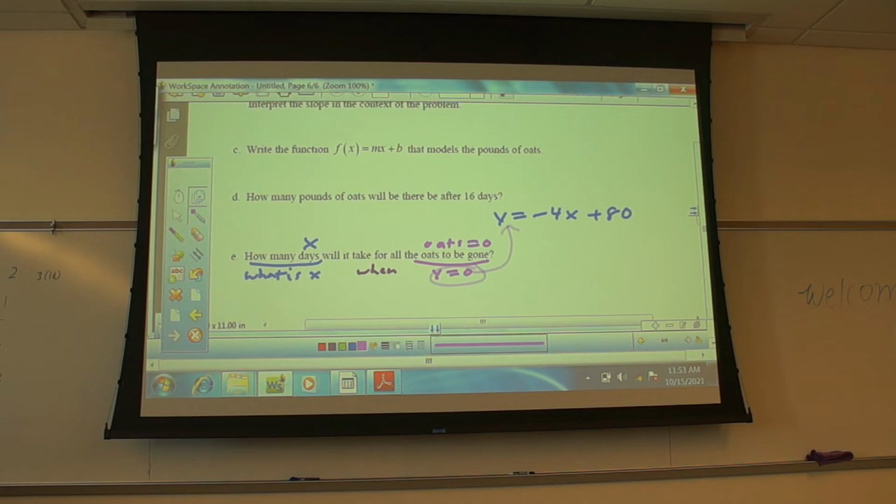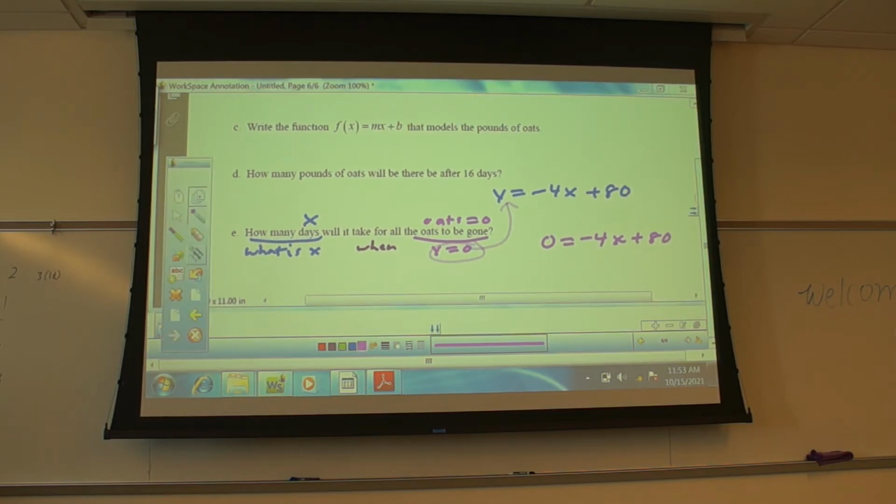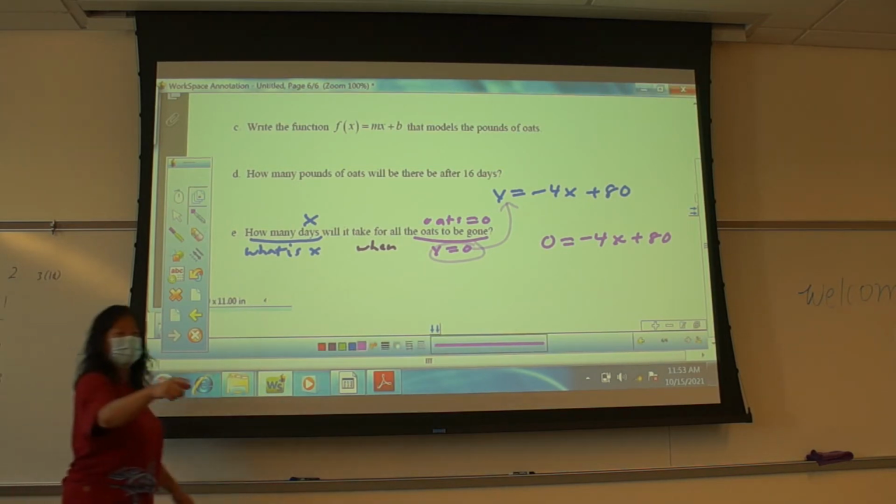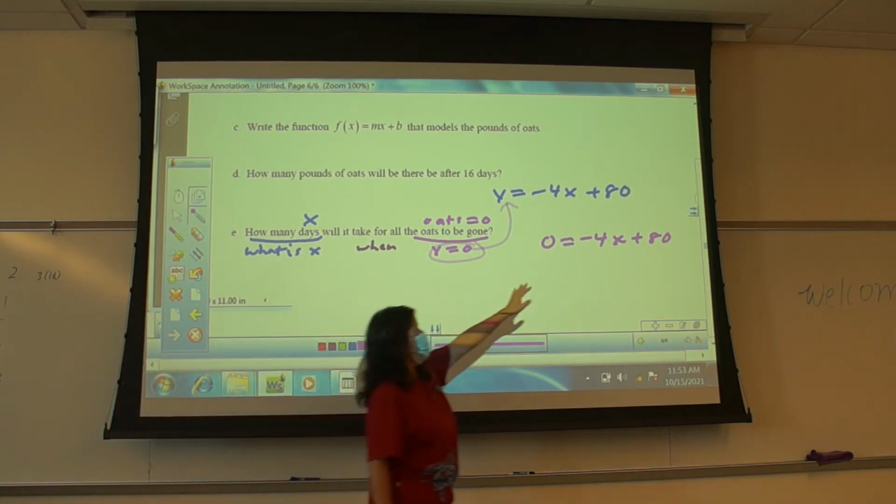So 0 equals negative 4x plus 80. So how do I solve for x? Subtract 80 from both sides, right? So everyone do that, subtract 80 from both sides.